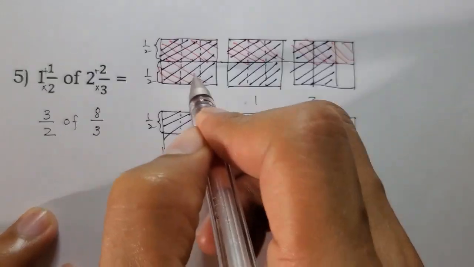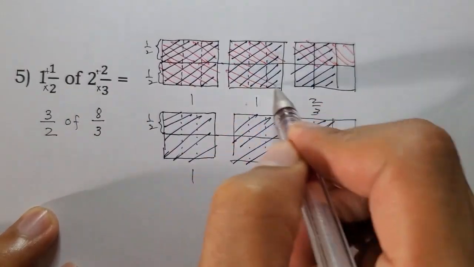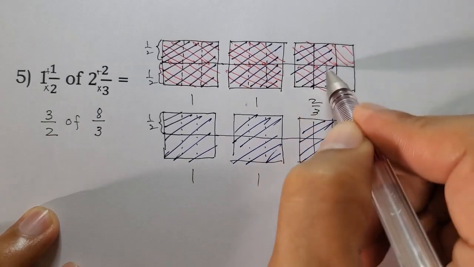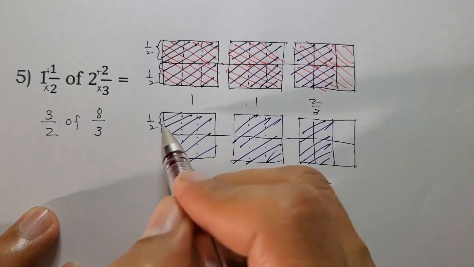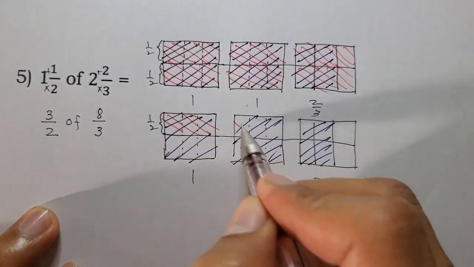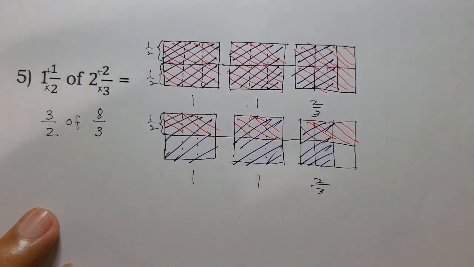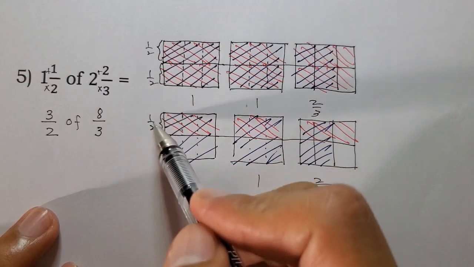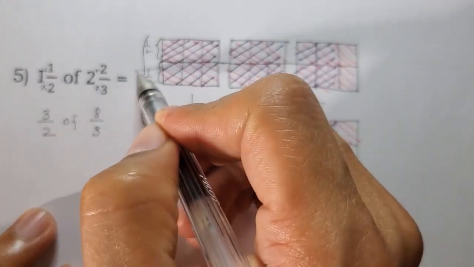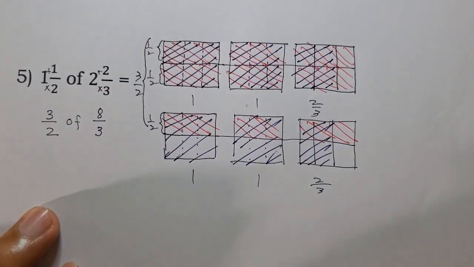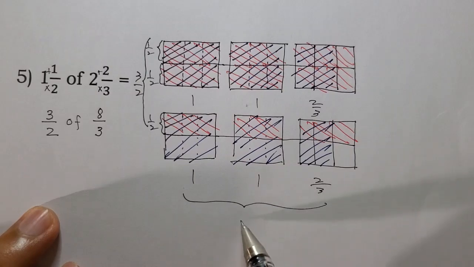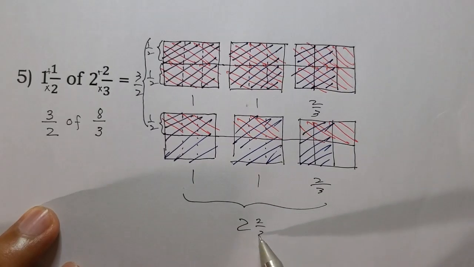Here's another half. Here's another half. And here's another half. Okay. And of course, the last 1 half to complete my 3 halves. That's what I mean by 3 halves. All of this is 3 halves. And this is what we call 2 and 2 thirds.